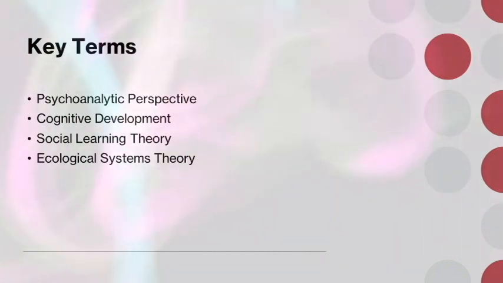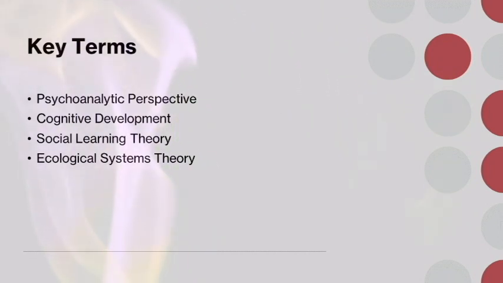Then we have cognitive development. And so this refers to the process by which individuals acquire knowledge, understand concepts, and solve problems. And here, Jean Piaget's model of cognitive development really highlights the stages through which children develop cognitive abilities and understand the world.